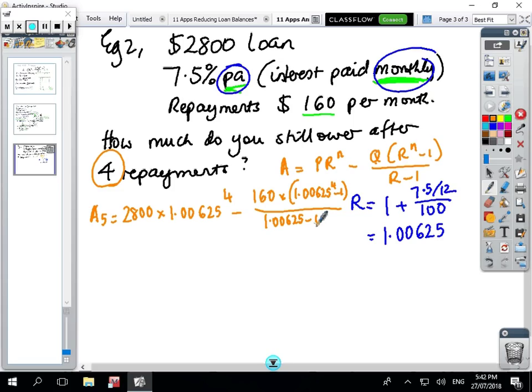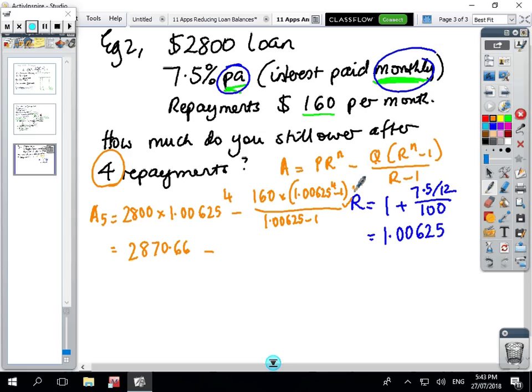You can do it as one calculation, or calculate each part separately, so I'll do each part separately. 1.00625 to the power of 4, and this first number is $2,870.66. The second number is 160 times open bracket 1.00625 to the power of 4 minus 1 close bracket.